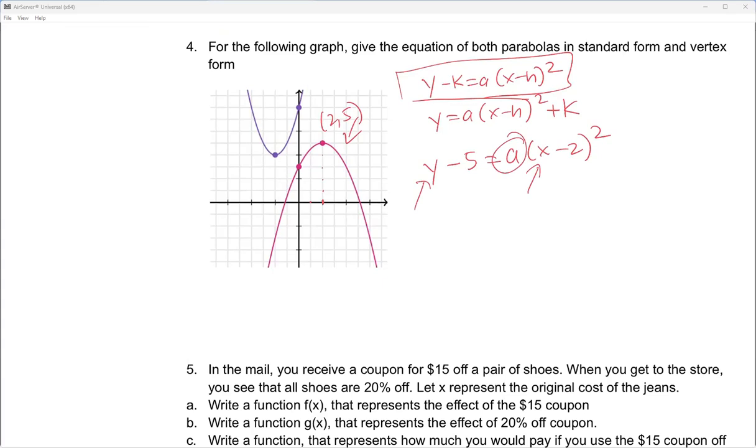Look at this point right here, 0, 3, right? So I'm going to temporarily plug in 0 for x, 3 for y, so that I can find the a. So it'll be 3 minus 5 is equal to a, and then 0 minus 2 squared. Are we good?